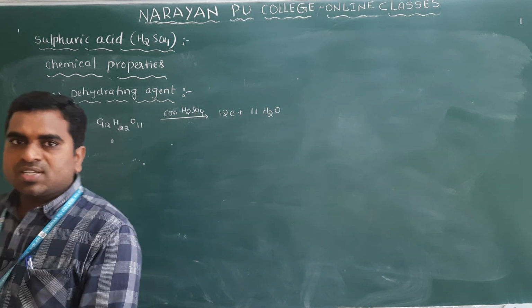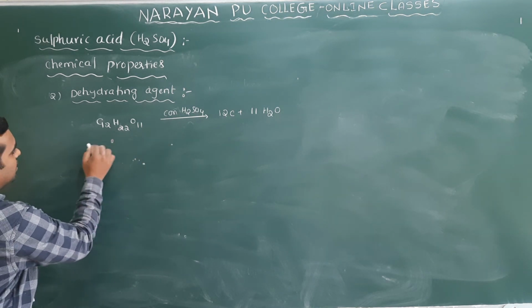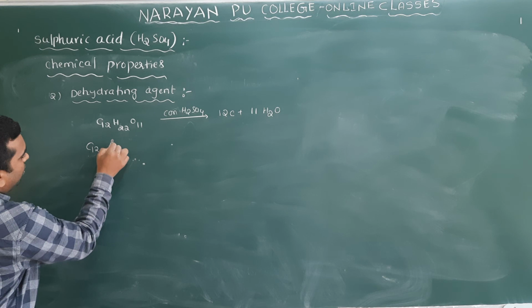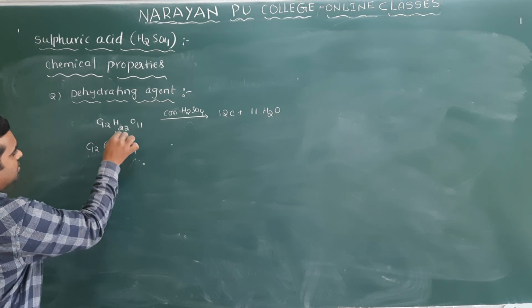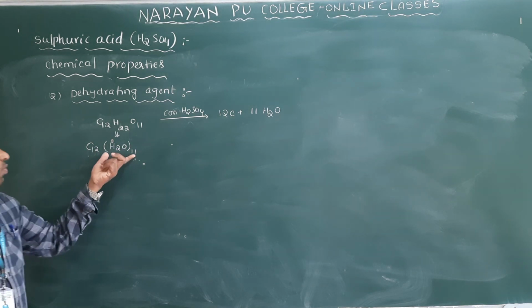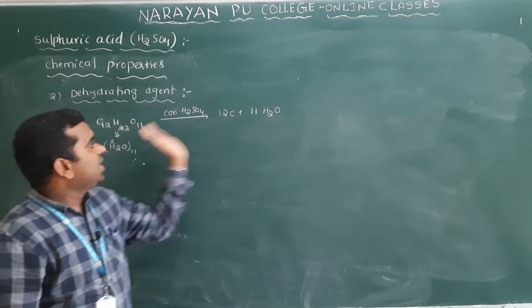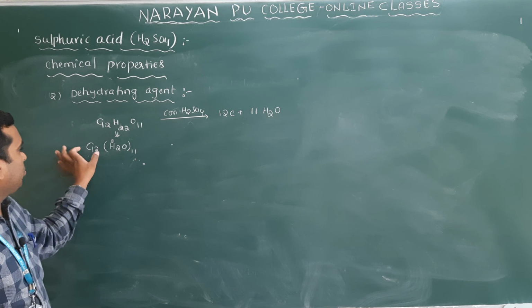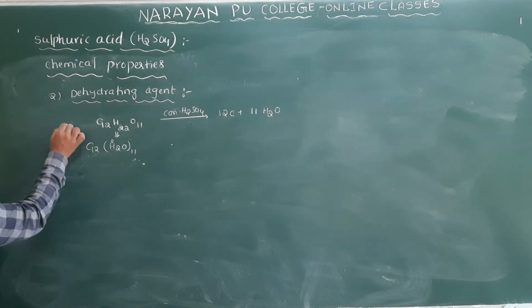So water is removed here. You can write this as C12 and H2O 11 times, C12(H2O)11. Here there are water molecules, and concentrated H2SO4 acts as a dehydrating agent and removes all the water molecules. Then you will get only 12 carbons. Clear? This is the first one.